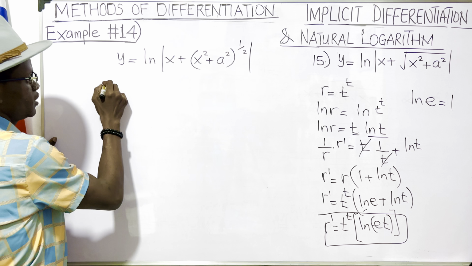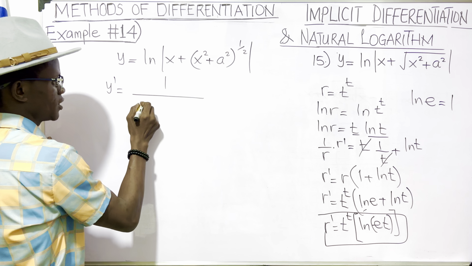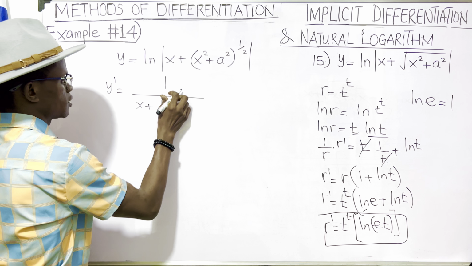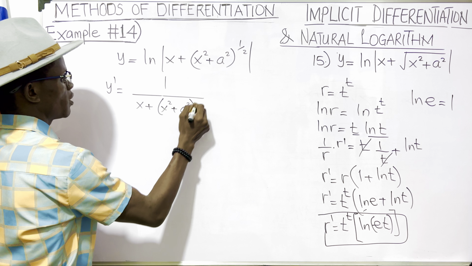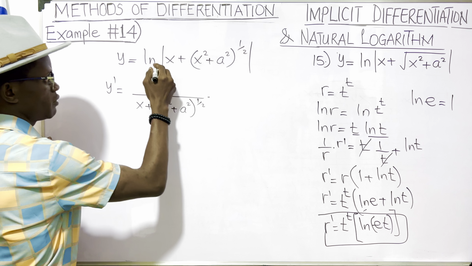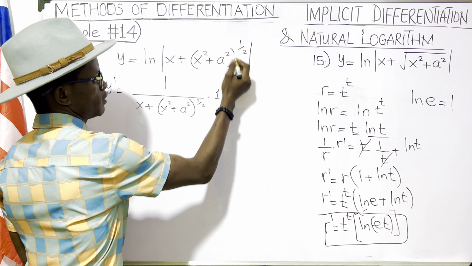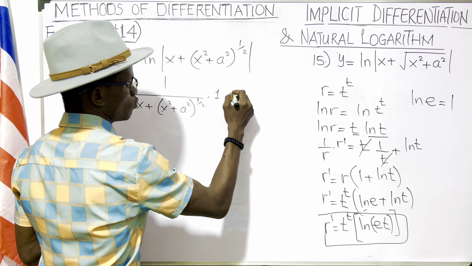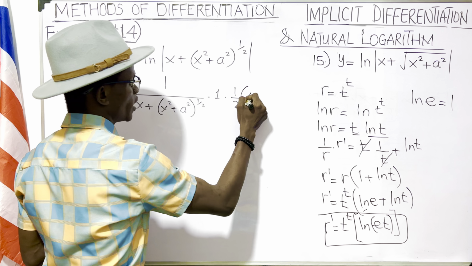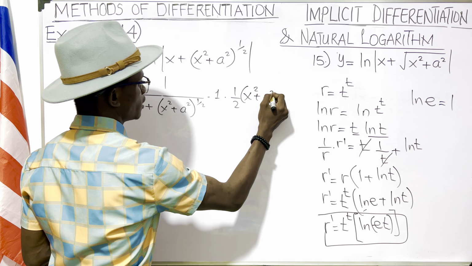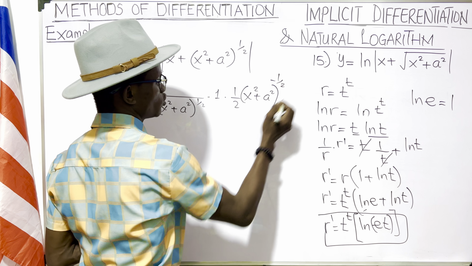So we can differentiate this. y prime is just 1 over the entire expression, x plus x squared plus a squared raised to the power half, times the derivative of what is inside. The derivative of x is just 1. The derivative of this expression is 1 over 2, bring this power down, rewrite x squared plus a squared, and subtract 1 from this power, it becomes minus 1 over 2.